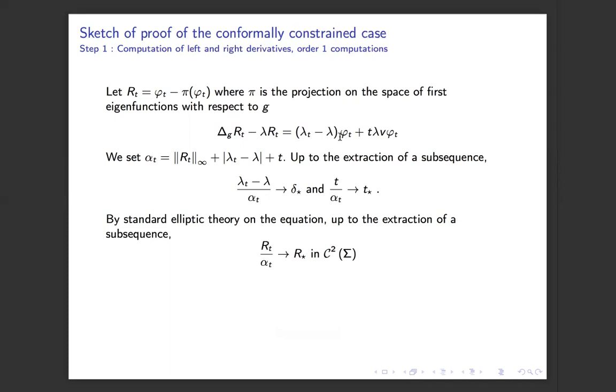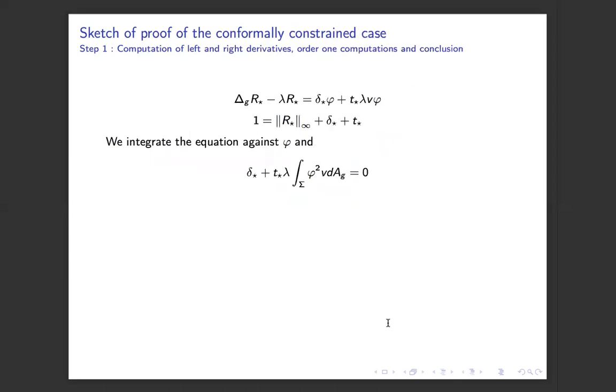And at the limit, we have an equation. We obtain that Laplace_g R star minus lambda R star is equal to this quantity. And we also obtain that, since we divided everything by alpha_t, 1 is equal to the sum of these quantities.